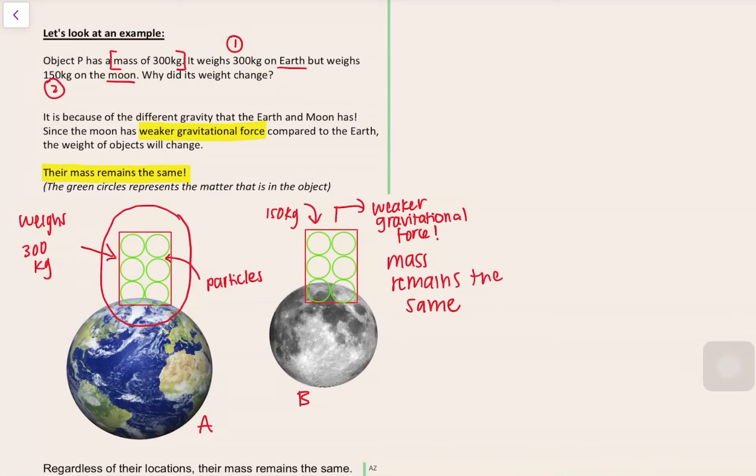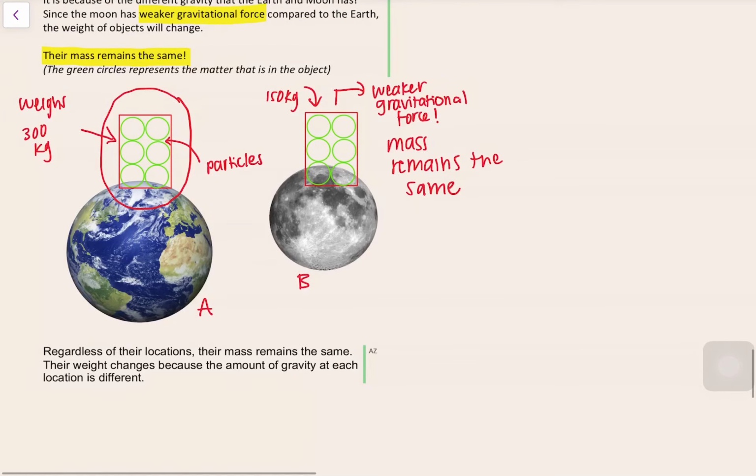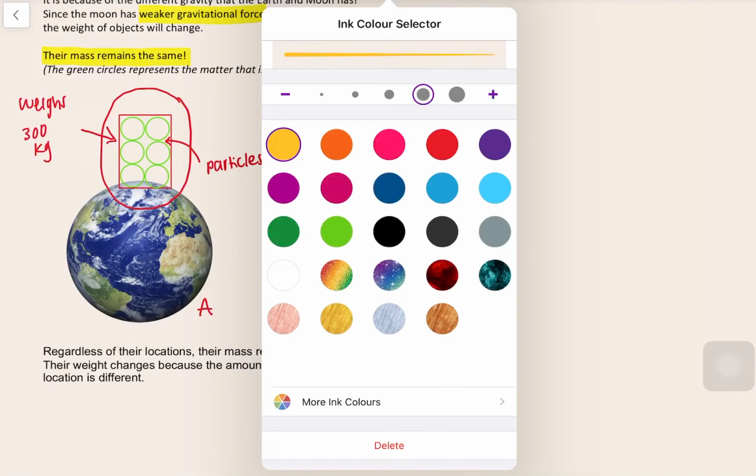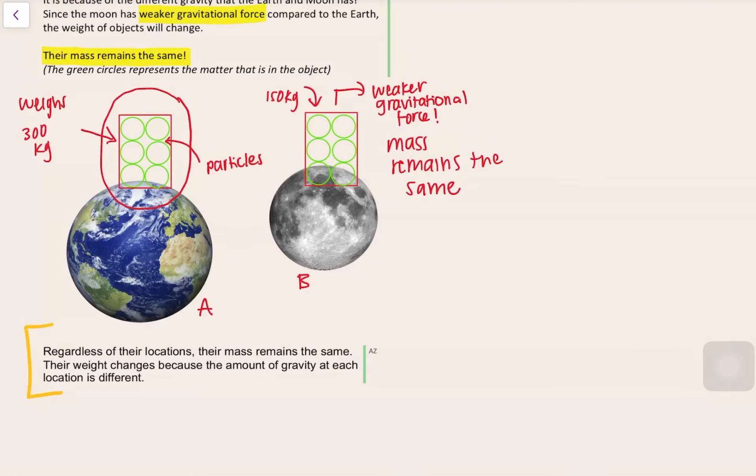Therefore, it affects the weight, but the mass remains the same. So whatever I have mentioned to you earlier can be seen by this explanation here. Regardless of their locations, their mass remains the same. Their weight changes because the amount of gravity at each location is different.